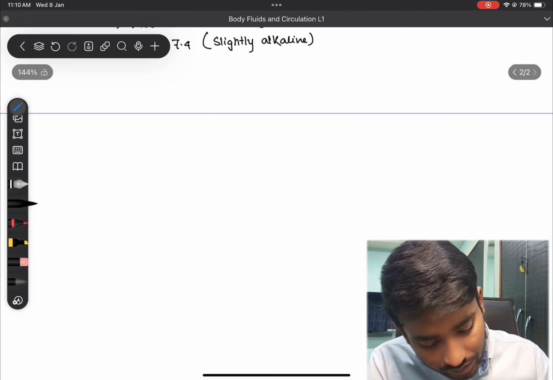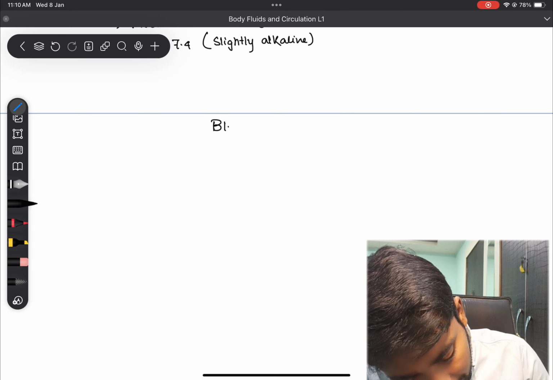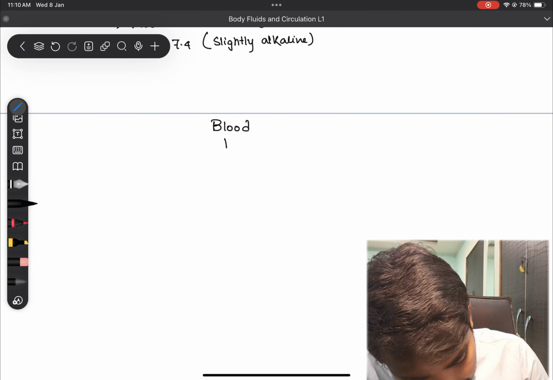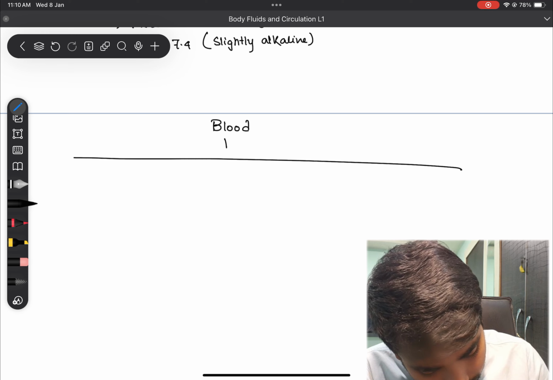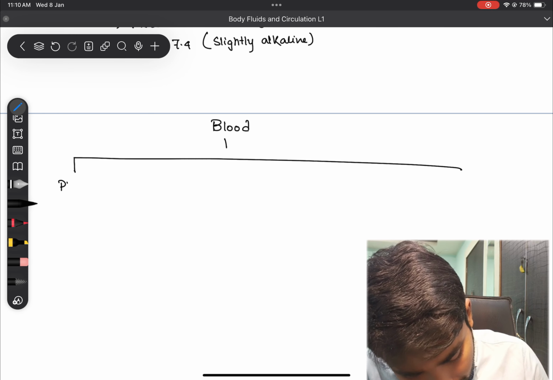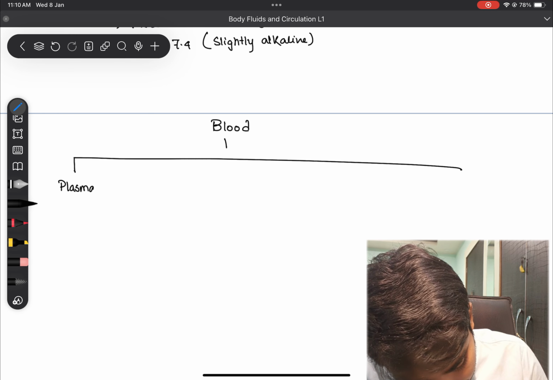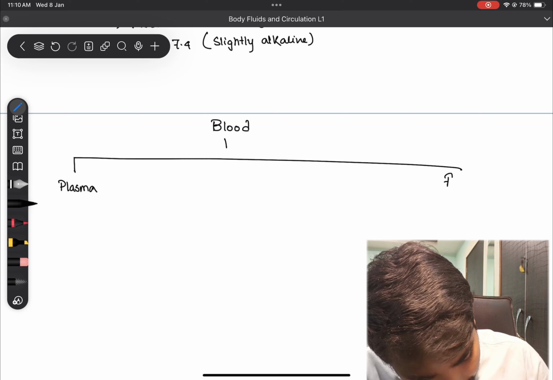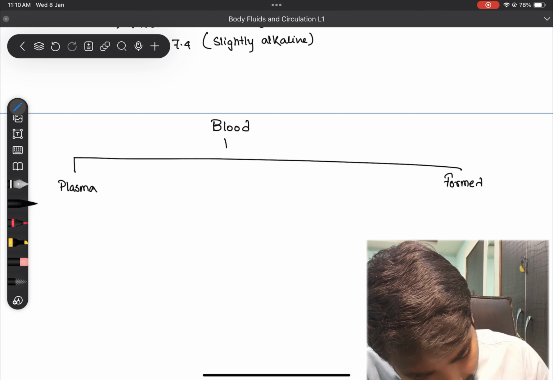Now we come to the differentiation of the blood. The blood can be divided into plasma and formed elements.